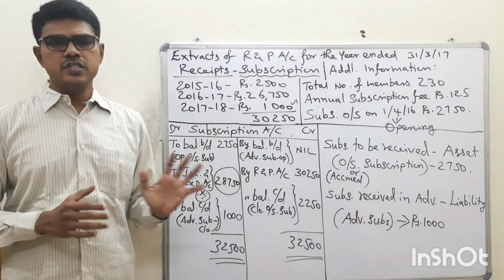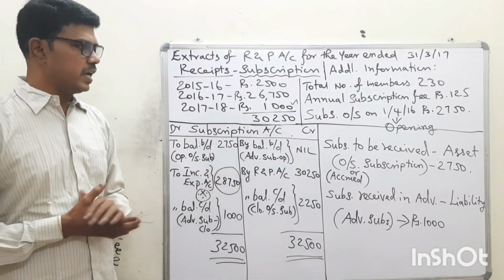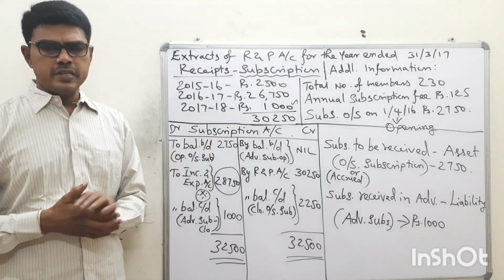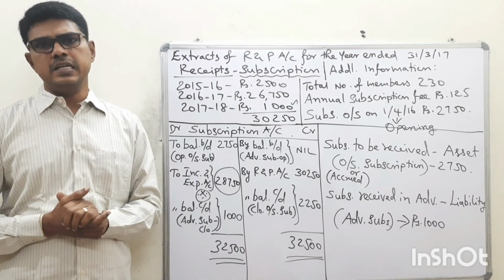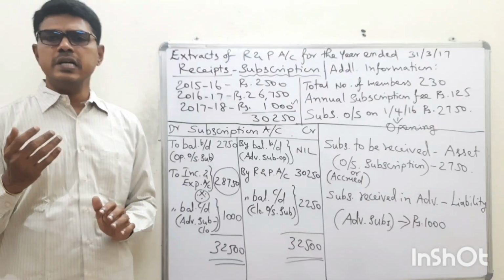Which rule is going to be used to fill the values here? Subscription is income. The same income will be treated as an asset or liability according to the situation.